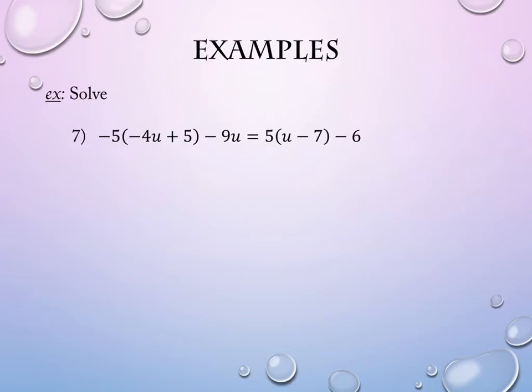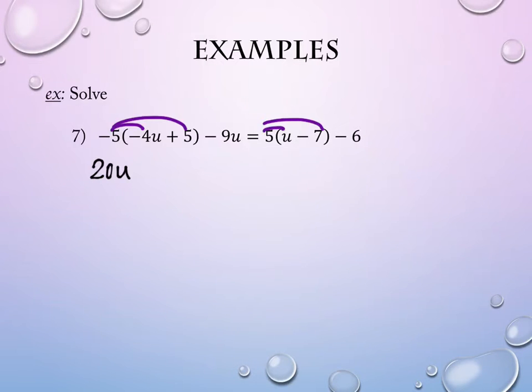Here's number 7 for you. What are we going to do on number 7? Distribute. Yeah, we're going to start with the distribution like we did in the last one. We just have more of it to do. So we're going to distribute the negative 5 and a positive 5 on the other side. Negative 5 times negative 4u is 20u.